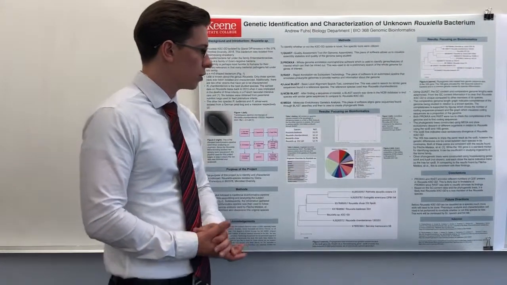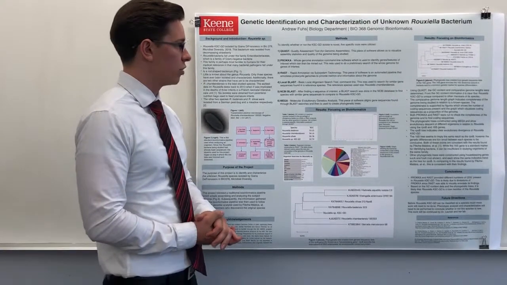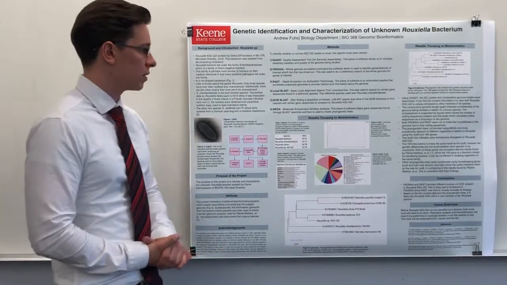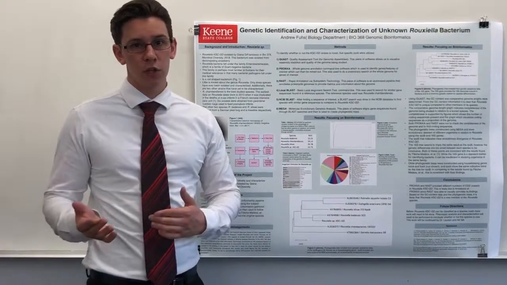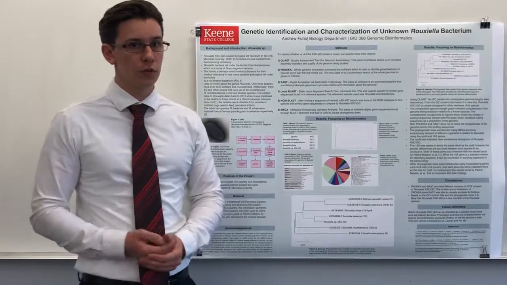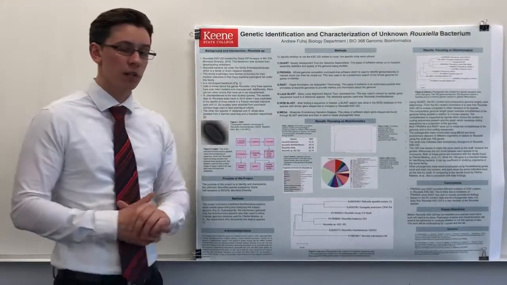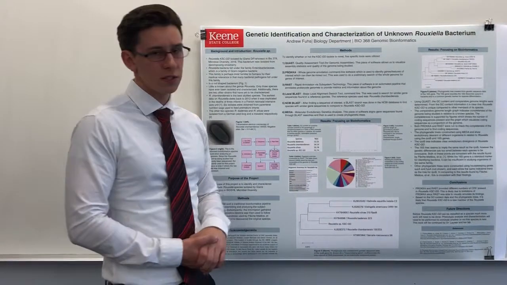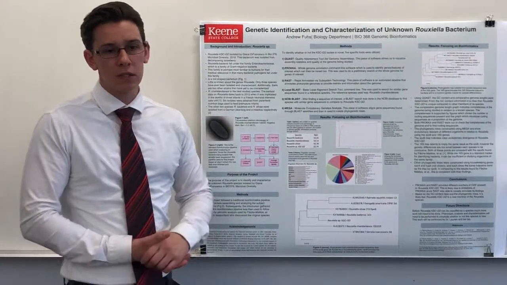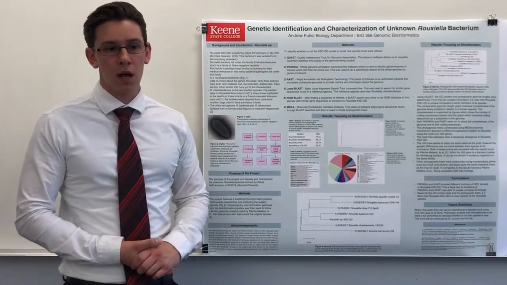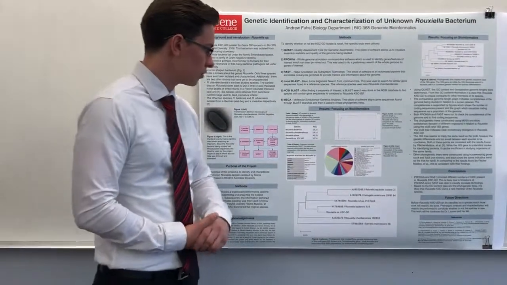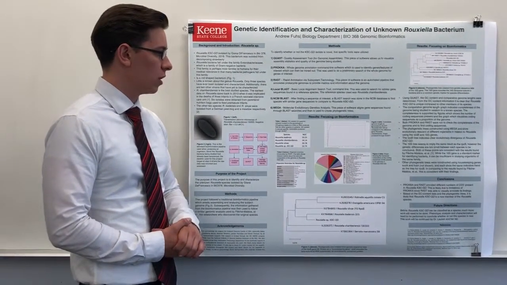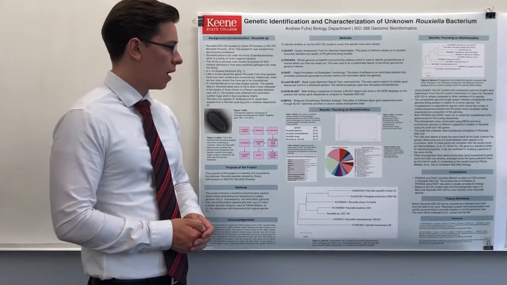This graph right over here shows the cumulative genome length as generated by QUAST. This is one of the graphs that program gave us, and it is comparing the length of this genome from our isolate to the known genome of Rouxiella chamberdiensis, a known species. Basically showing that they're more or less the same length, which is a decent indicator that it's at least in the same genus of bacteria. This pie chart right here is just showing the functional composition of the coding sequences found in the DNA.